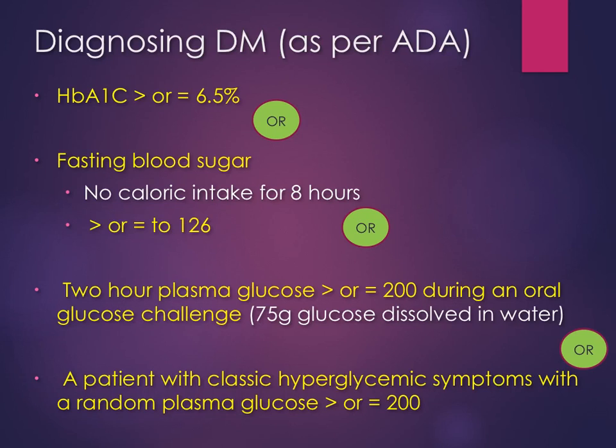And then a patient with classic hyperglycemic symptoms with a random plasma glucose of 200. I see this in the emergency room all the time when a patient comes in who hasn't seen a doctor in 10 years, with dehydration or some other problem, and we do a random glucose on them and their glucose is 400.